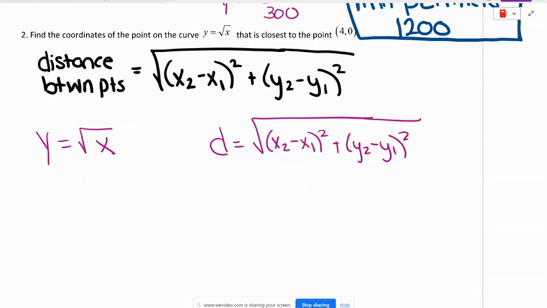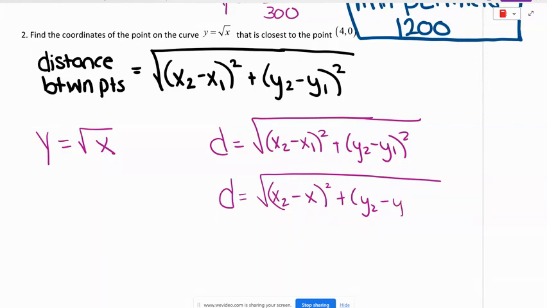Okay. But this one already tells us that y is equal to root x. So I'm going to now go to the distance formula, and anytime I see a y, I'm going to put a root x. But notice how there's two y's and two x's. So what I'm going to do is I'm going to change it and say this is going to be (x2 minus x) quantity squared plus (y2 minus y) quantity squared.